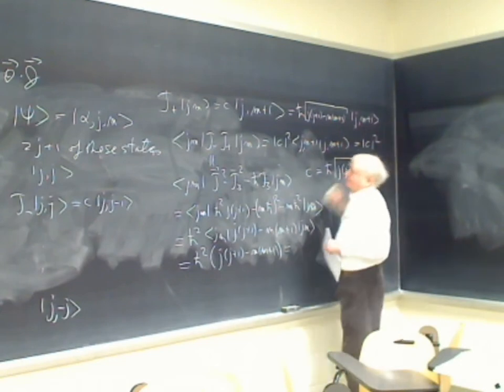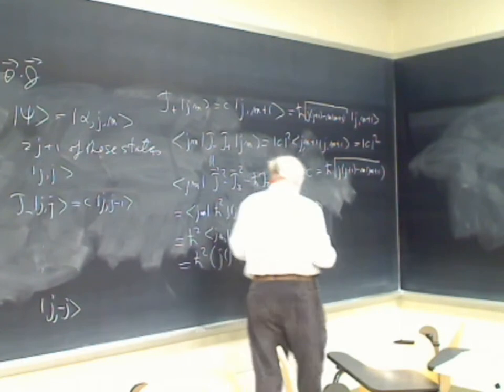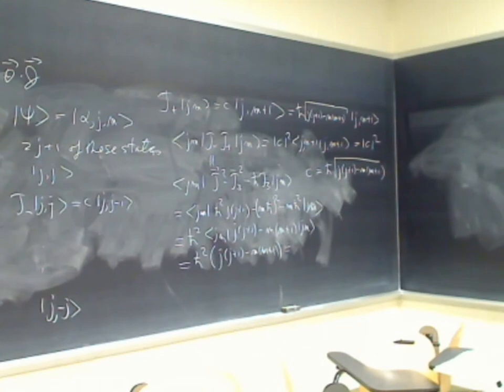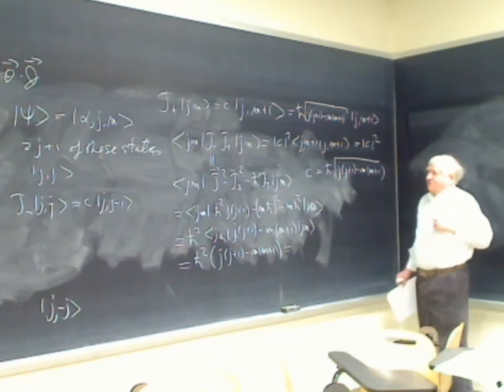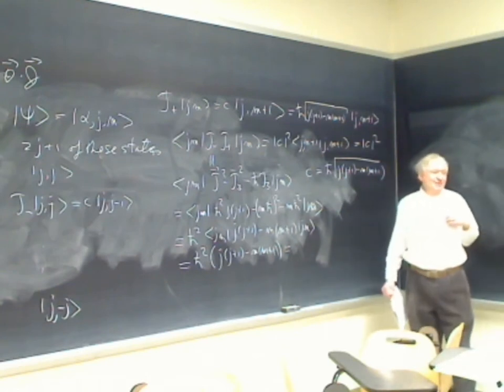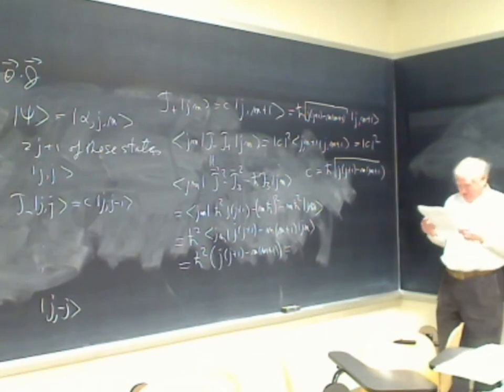So this is one of the key equations that goes into finding these coefficients, which are named after Clebsch and Gordon. Unfortunately, very few people can spell Clebsch, and I'm not one of them.